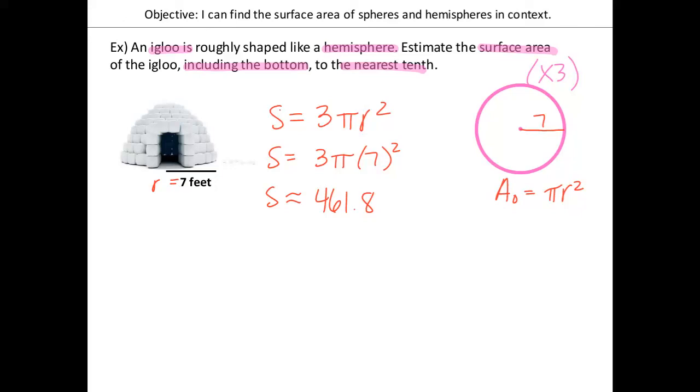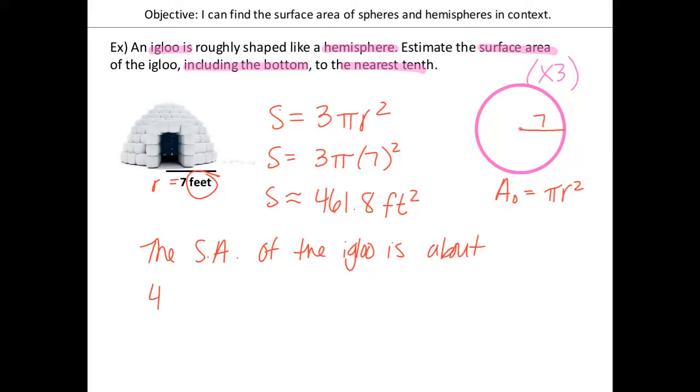Okay, thank you. And then our units is feet, but it's area, so we would say feet squared. And then our sentence, we would say the surface area of the igloo is about 461.8 square feet.